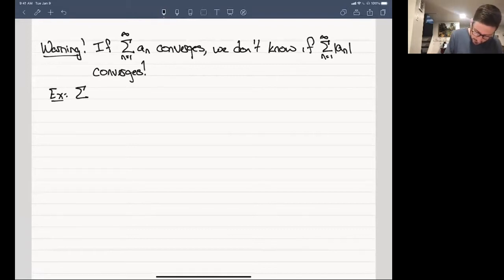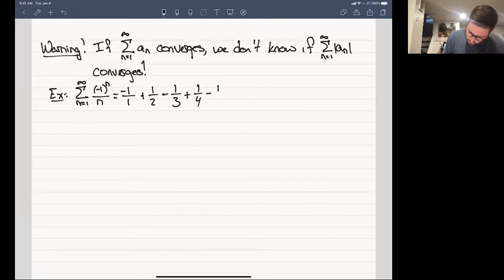is this sum right here, minus 1 to the n divided by n. So this would be minus 1 over 1 plus 1 over 2 minus 1 over 3 plus 1 over 4 minus 1 over 5 plus, and so on and so forth. So it's the alternating harmonic series. This thing converges.